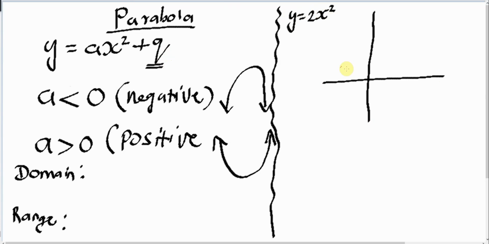Then your parabola will turn at the origin, (0, 0), and the value of a is greater than 0 here, hence your parabola is a smiling parabola. So now we want to talk about the domain of the parabola.